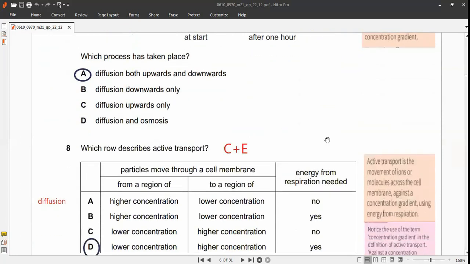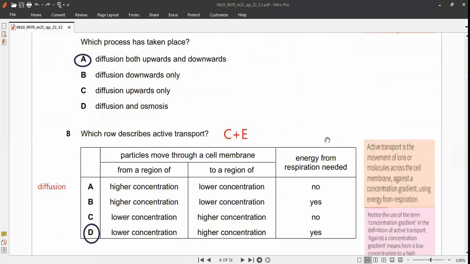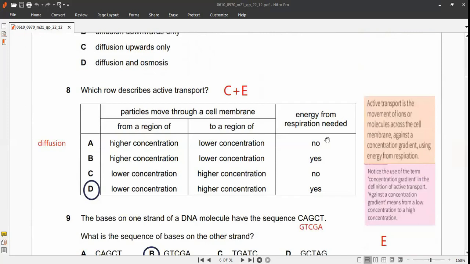Number 8. Which row describes active transport? What is the meaning of active transport? Active transport is the movement of ions or molecules across the cell membrane, but against a concentration gradient, using energy from respiration.